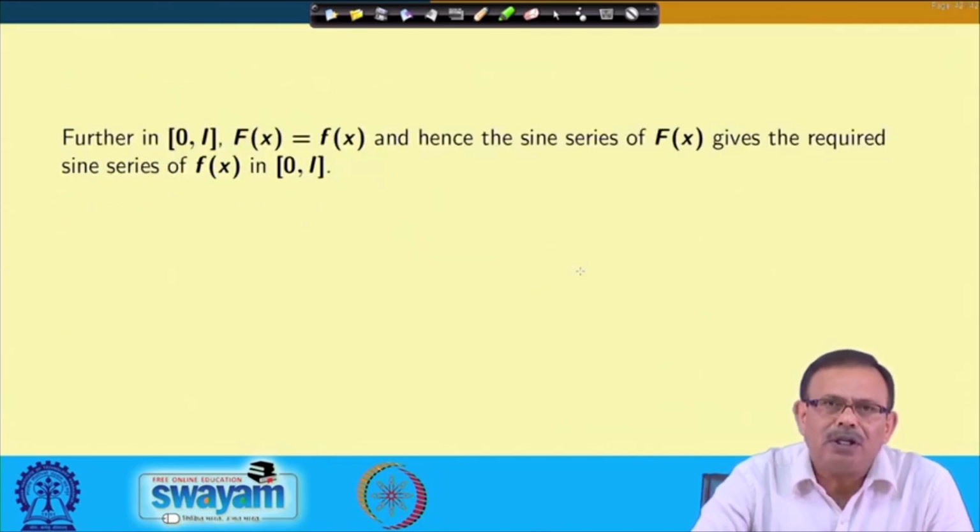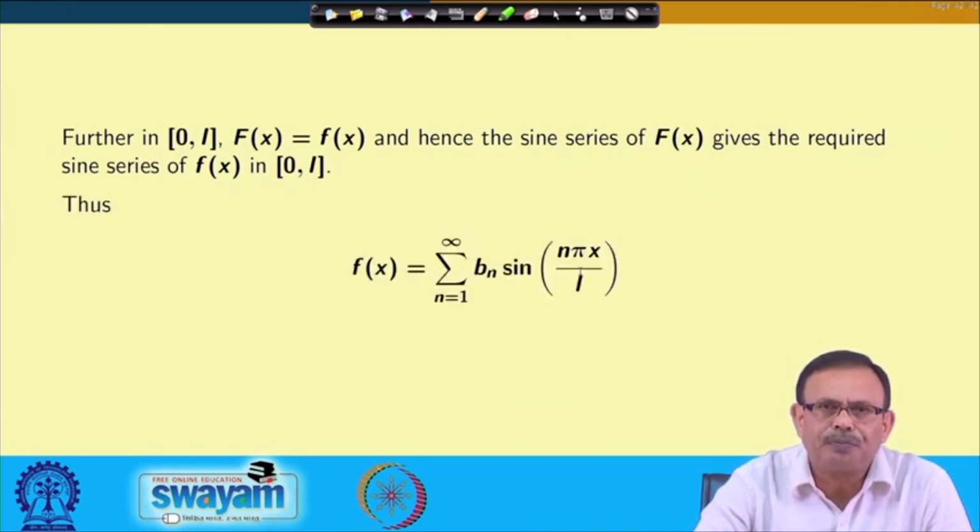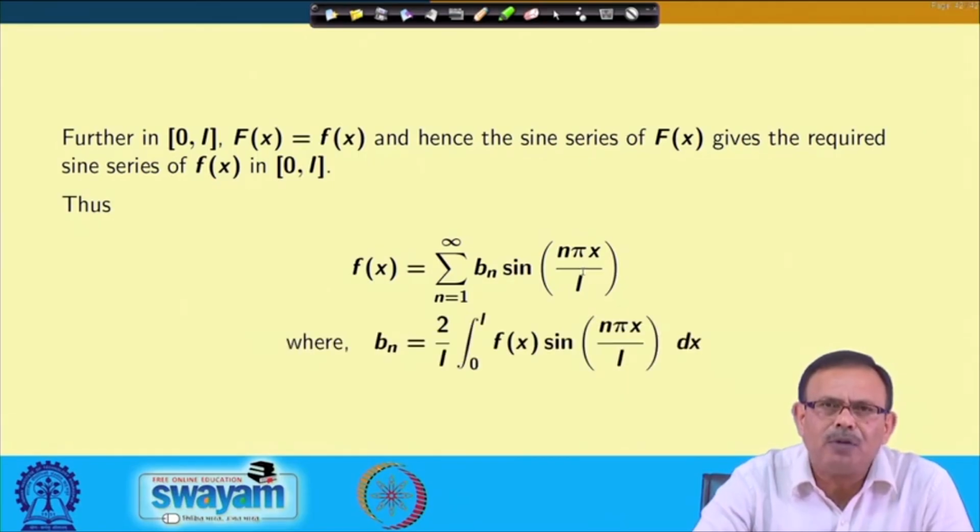And since F x equals small f x in 0 to L, the sine series of F x will be the required sine series of f x in 0 to L. And in that case, we can define f x as summation n equals 1 to infinity B n sin n pi x by L, where B n will be 2 by L integral 0 to L f x sin n pi x by L into dx, which we have done earlier.